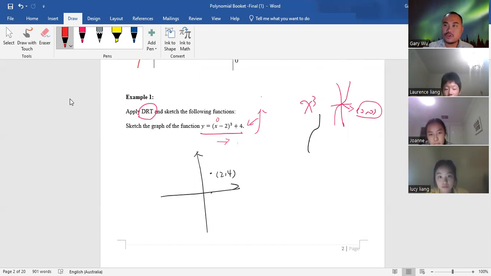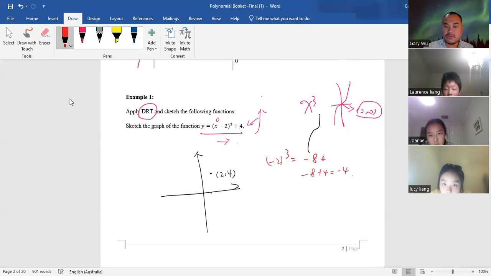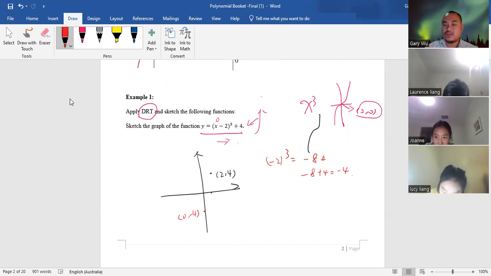It would be (-2) to the power of 3, which is -8, and then +4, so -4. So the y-intercept is -4. Does it make sense? When we label it, we have to label coordinates. We don't just label -4 here. We label (0, -4), and don't forget the brackets for coordinates.